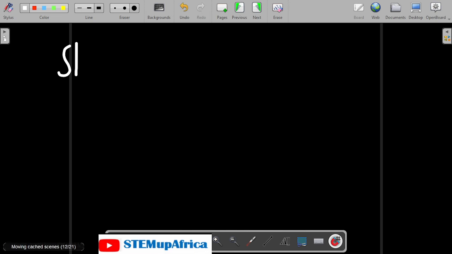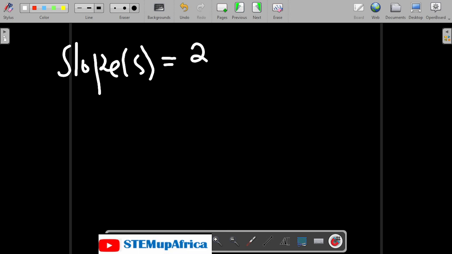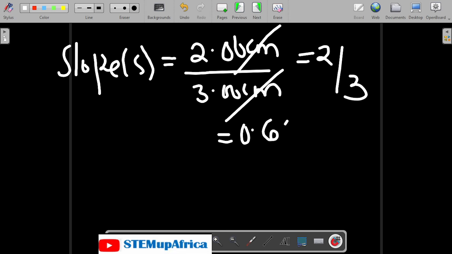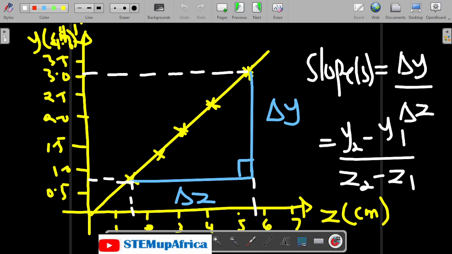The slope x will give you 2.00 cm over 3.00 cm. So cm goes with cm, the slope is 2 over 3, or 0.667, no units.